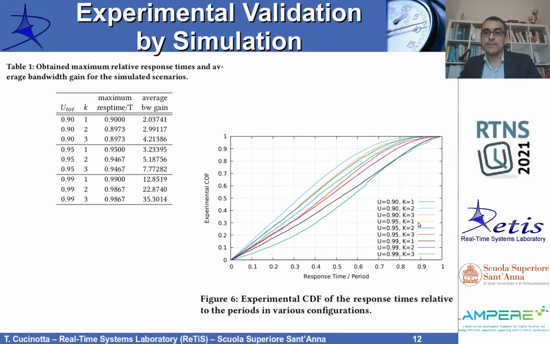We have also measured the bandwidth gain, and in the table we report the average bandwidth gain that we obtain with this technique. It goes from, for example, 2 in some cases to 35 in other particular cases. However, remember that in these scenarios we have chosen the scenario in a way that was useful to highlight the advantage of the technique.